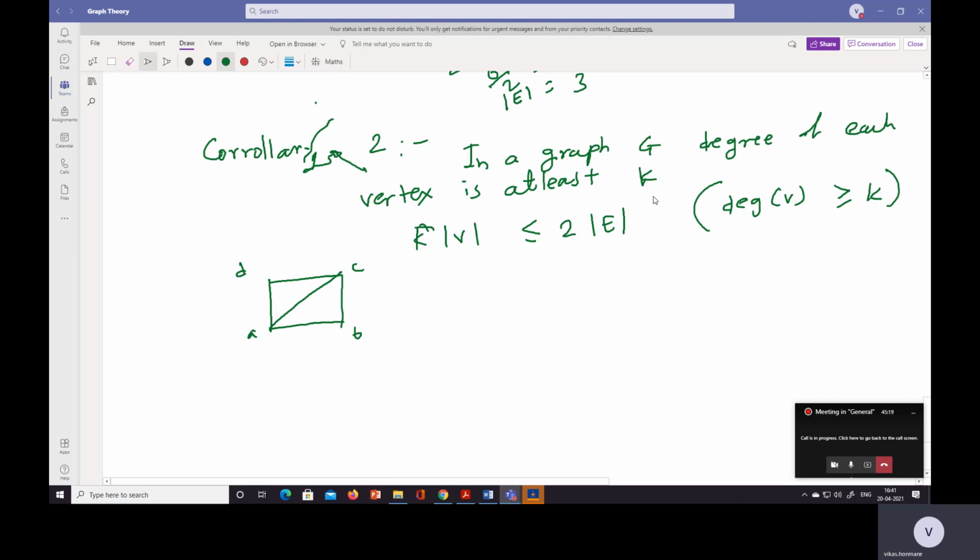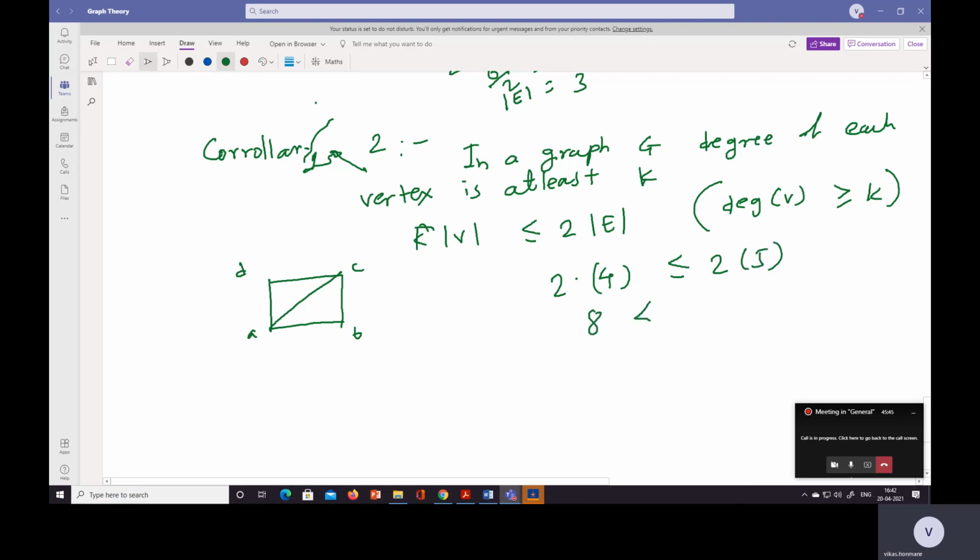Here we can say that k should be at least 2 or more. So when we consider the minimum degree, which is 2, 2 into number of vertices, which is 4, is less than or equal to 2 into number of edges, which is 5.